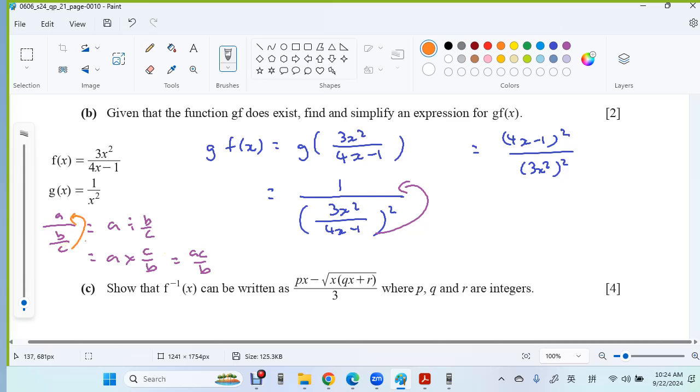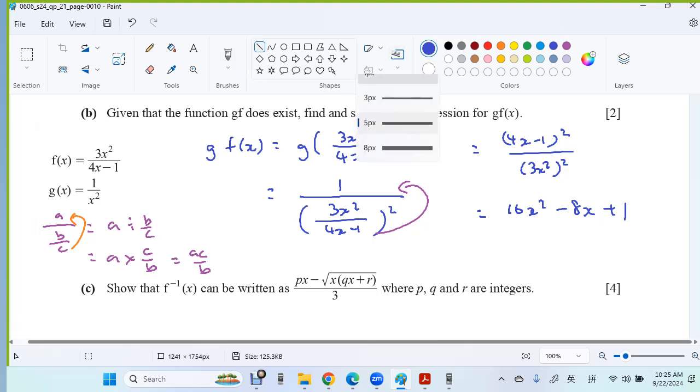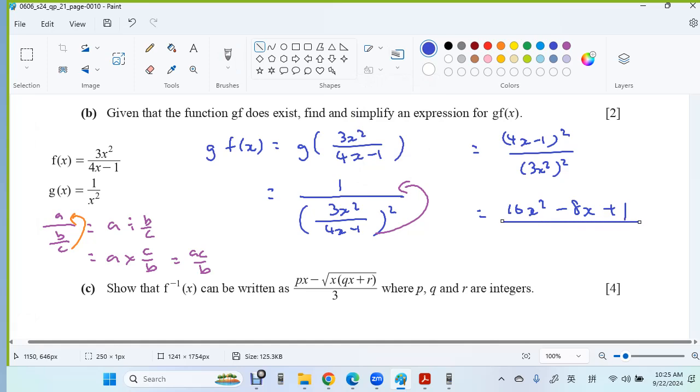So (4x minus 1) squared, then it's 16x squared minus 8x plus 1 over 9x to the power 4. Done.